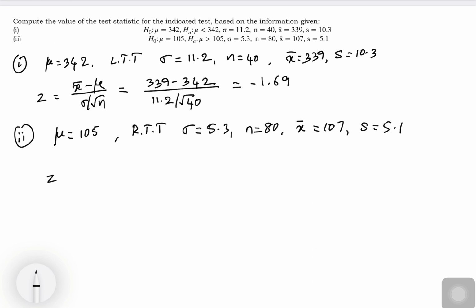So the normal variate Z is x bar, which is 107, minus mu 105 over sigma 5.3 divided by root 80, which is 3.38. In this problem they just asked you to calculate the z-score, that's all, the statistic.